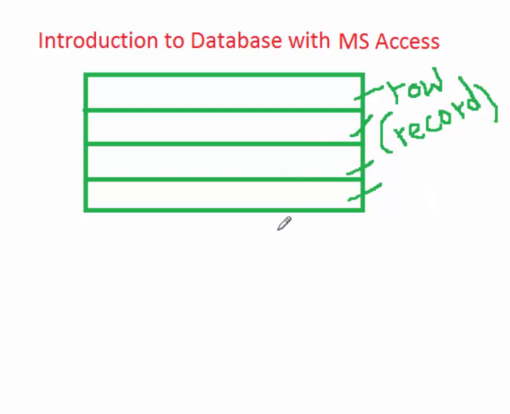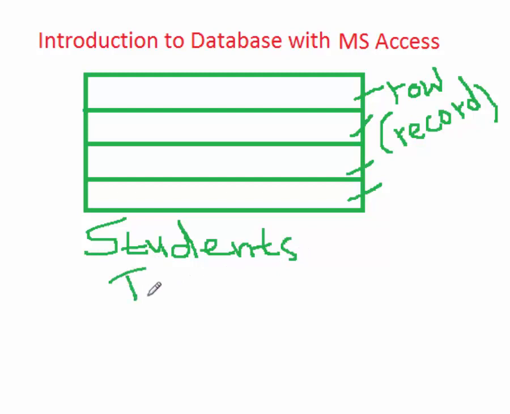Now, one record of a database stores information about only one particular thing of a group of related things. For example, assuming this is a student table, one row or record of this student table will contain information about only one student.